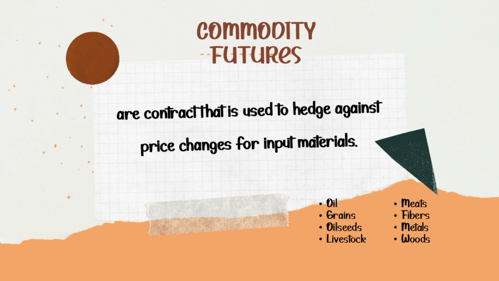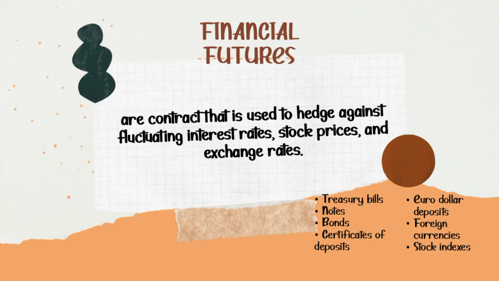They were first traded in the United States in the mid-1800s. Next, financial futures are contracts used to hedge against fluctuating interest rates, stock prices, and exchange rates. They were first traded in 1975 and include treasury bills, notes, bonds, certificates of deposit, eurodollar deposits, foreign currencies, and stock indexes.